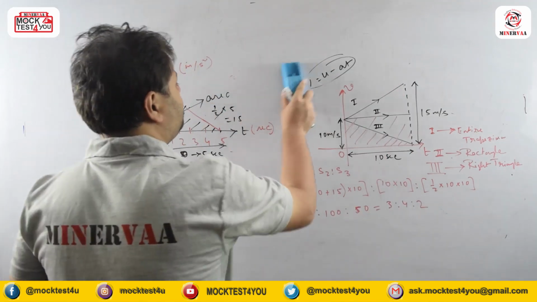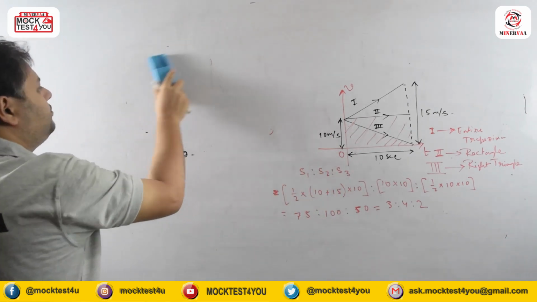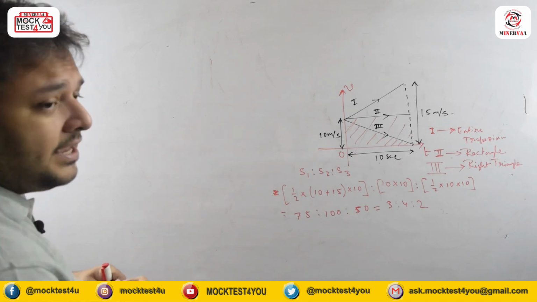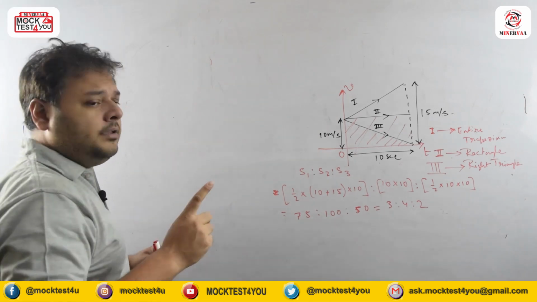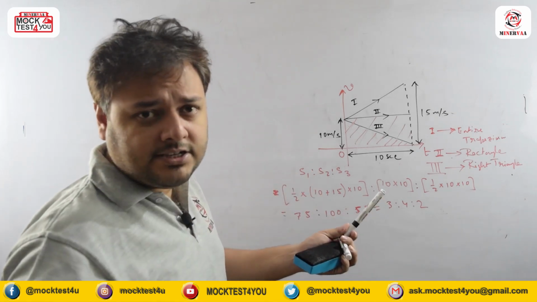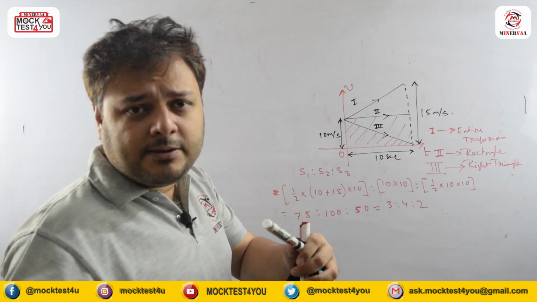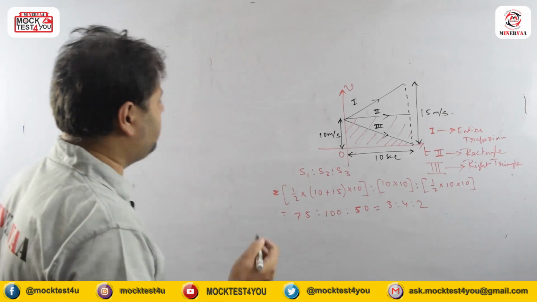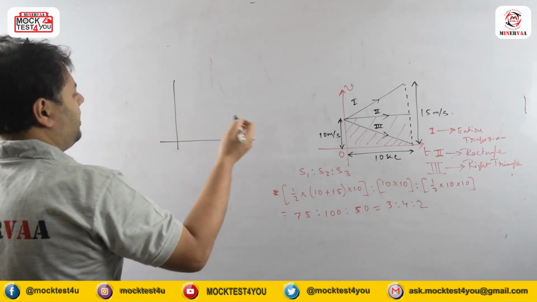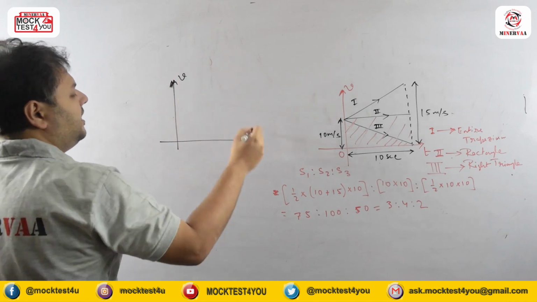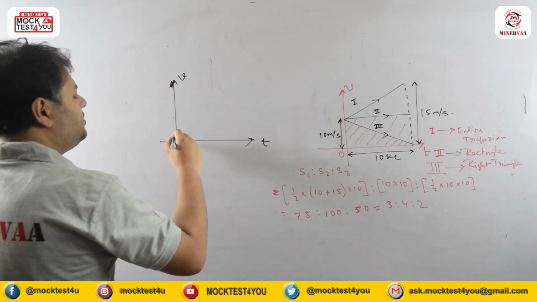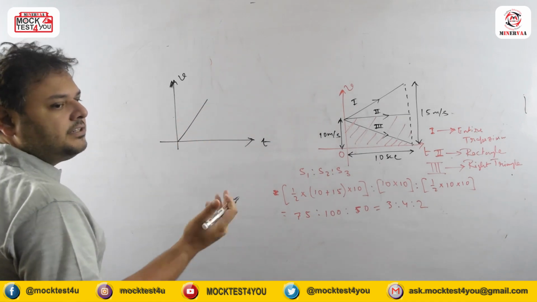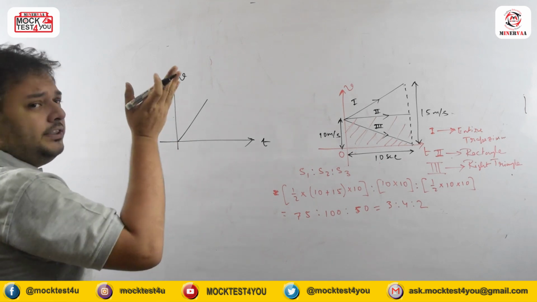What is very important to us is that when the balloon is rising, if they ask you about it, while descending it definitely had an acceleration. After dropping some sandbags or weights, it is moving up with the same acceleration. So if they ask you for the velocity time graph, this will be our graph: initially it was dropping due to its weight, so its velocity was increasing due to gravity, but after a certain time it moves up with the same acceleration.